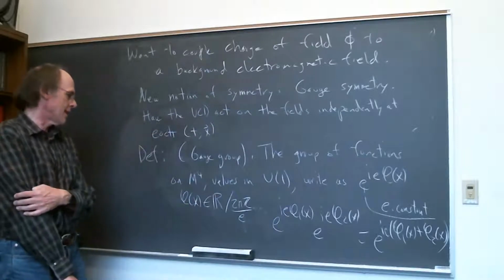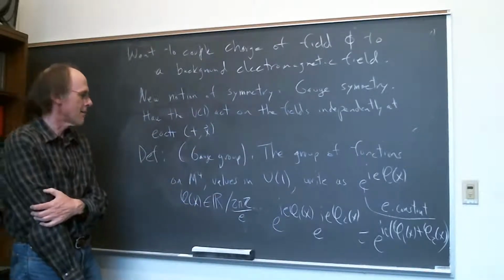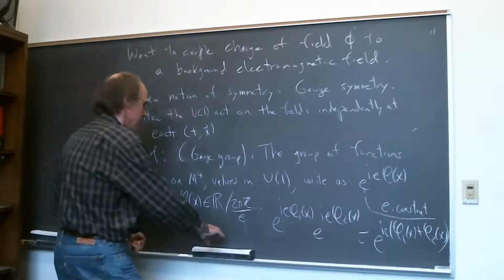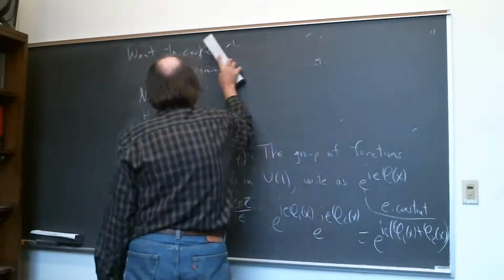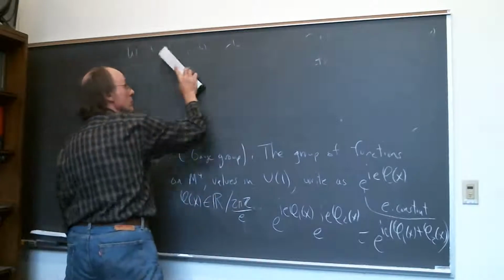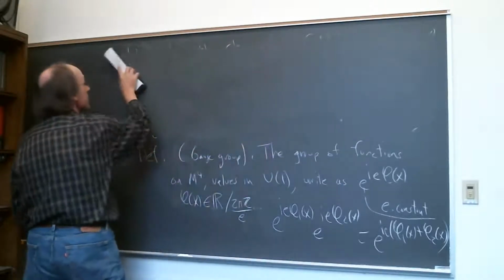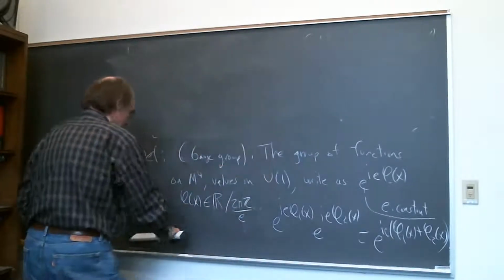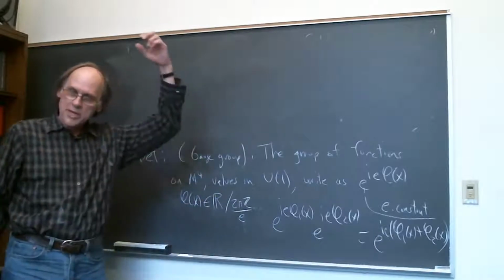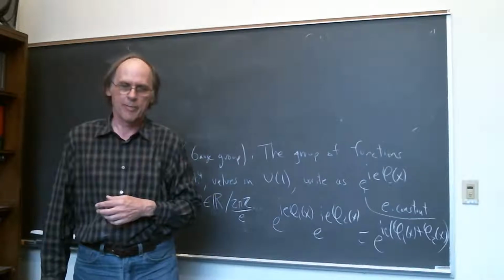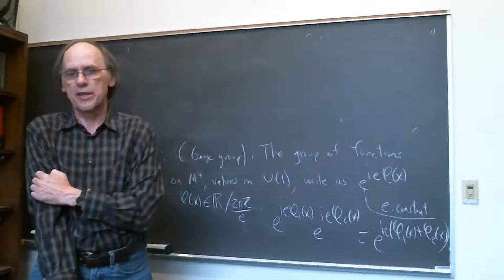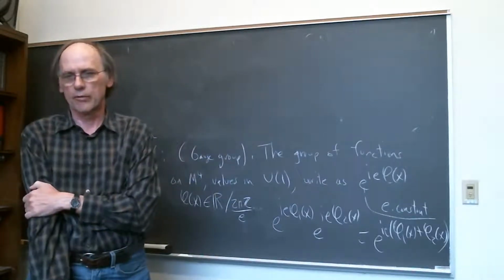Now the thing to say about this is, maybe let me just say this is a problem. One's initial reaction to this might be, okay, great, I've learned all this stuff about representation theory of groups.